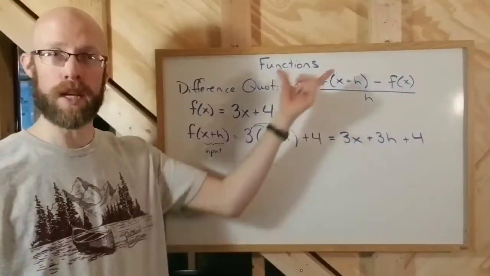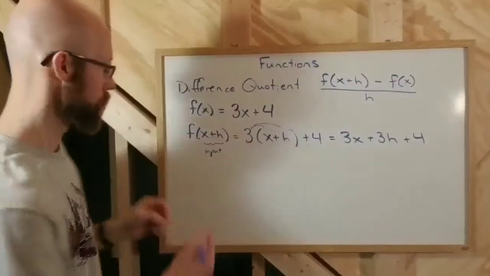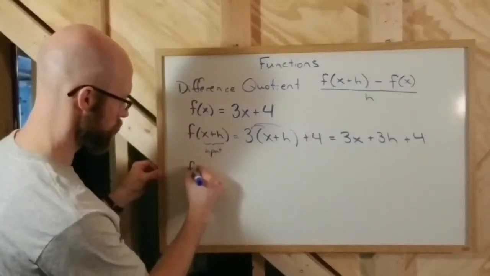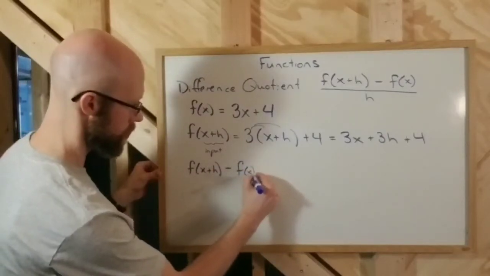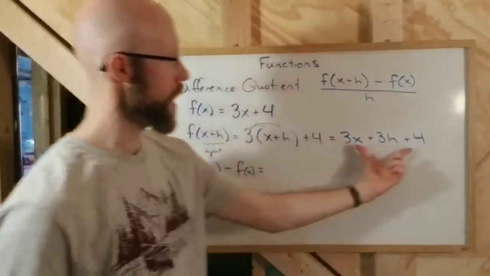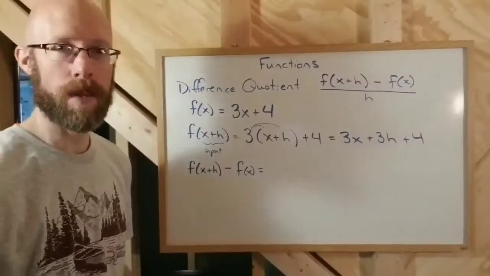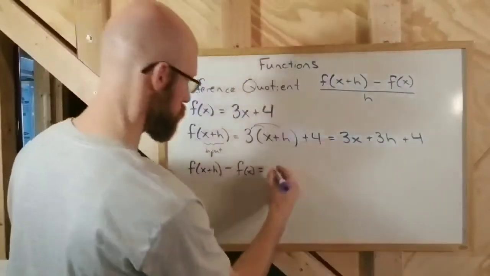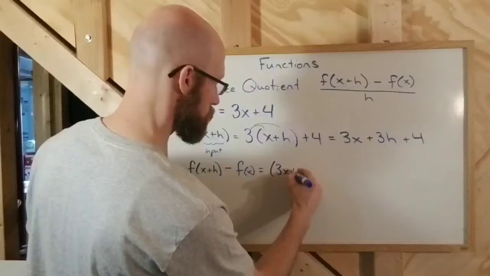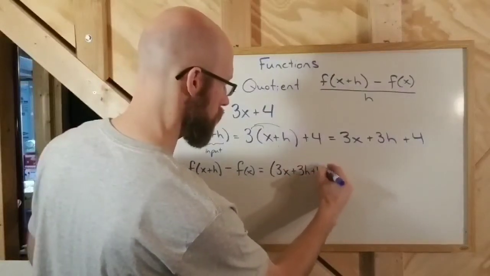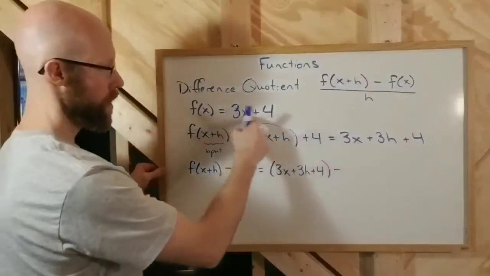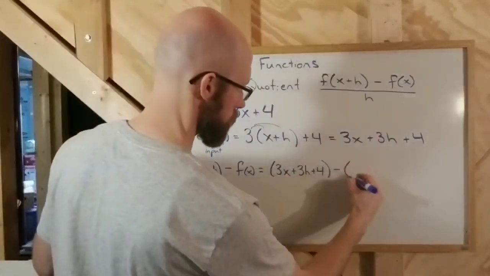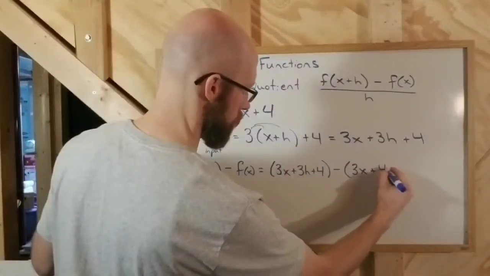So we have both pieces to the numerator. If I wanted to find the full numerator, f of x plus h minus f of x, I just subtract these two functions from each other. The first one is 3x plus 3h plus 4. And then I'm going to subtract the second one, which is 3x plus 4.